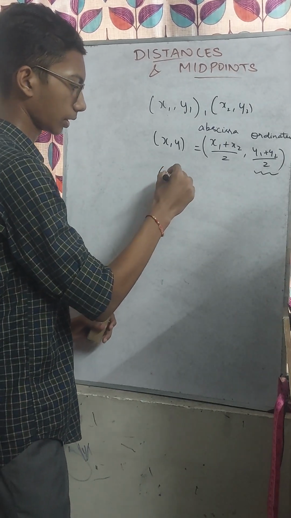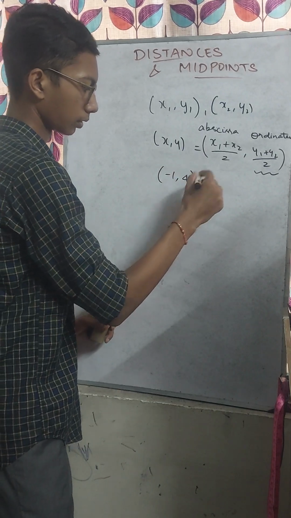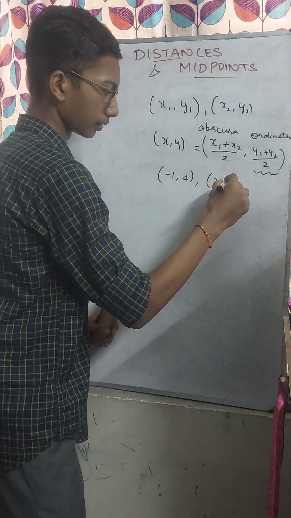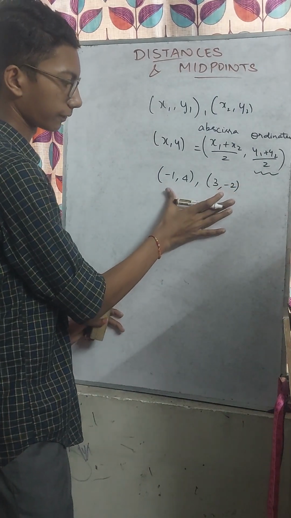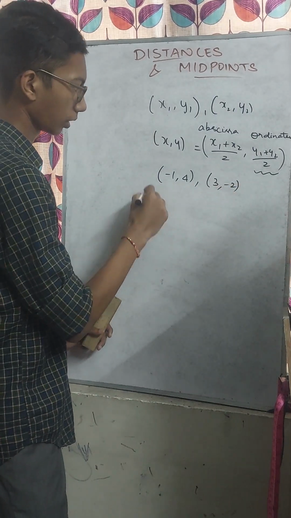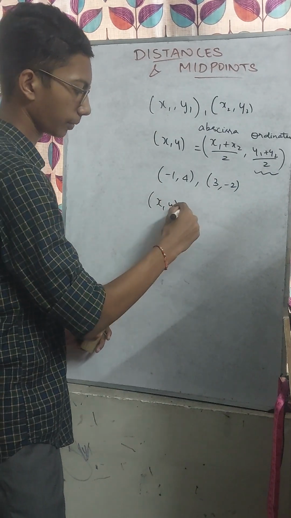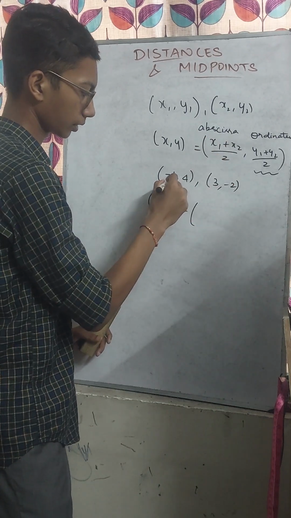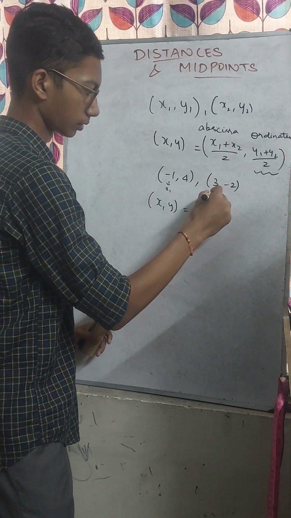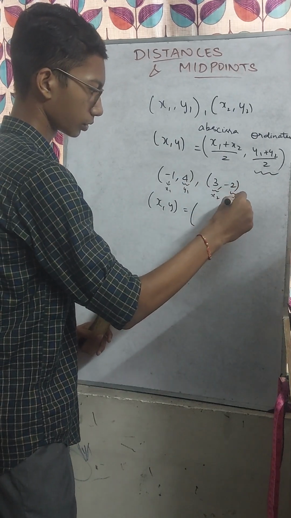Now let's have an example. Let's say minus 1, 4 and then 3, minus 2. We will find the midpoint of these 2 points. Again, using the same formula, the midpoint x, y is x1 plus x2 by 2, y1 plus y2 by 2. Here this is x1, this is x2, this is y1 and this is y2.